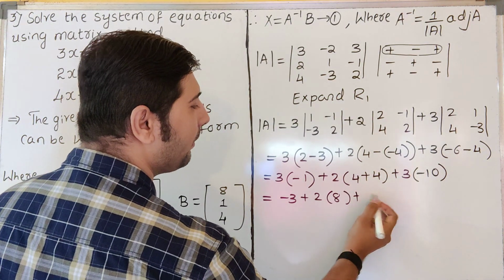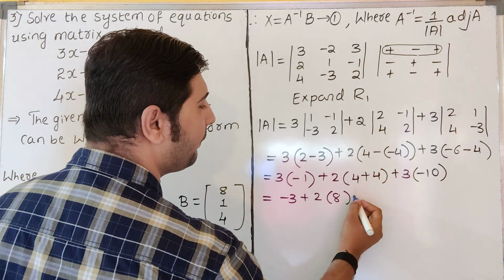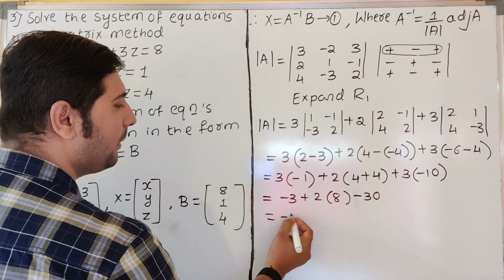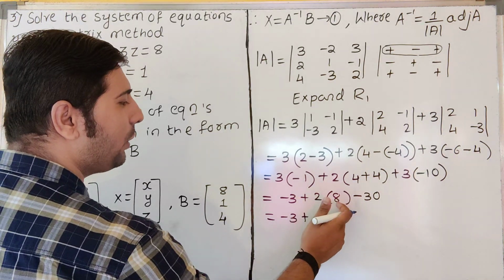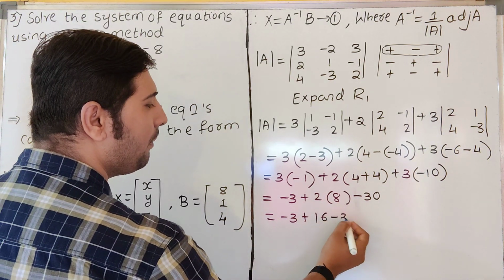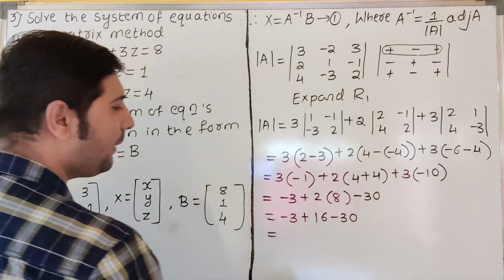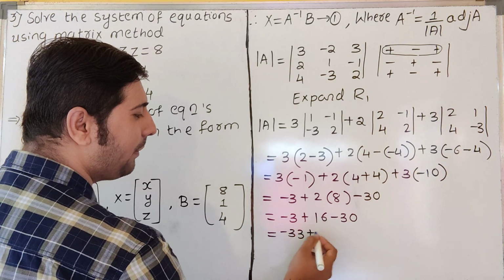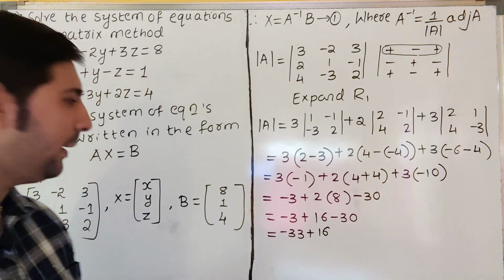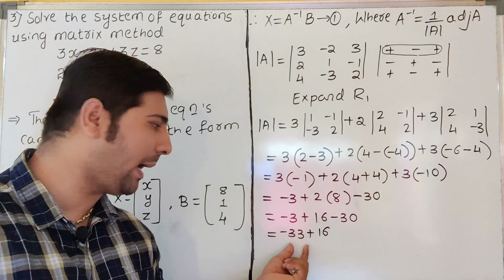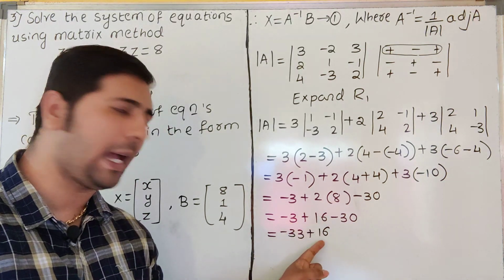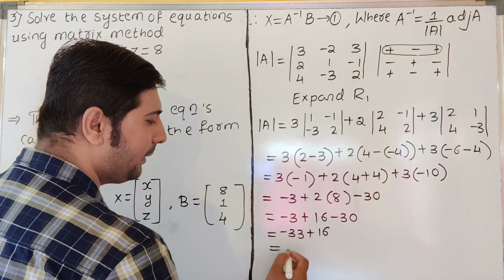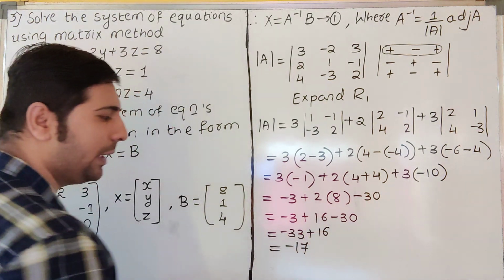Plus into minus is minus, 3 times 10 is minus 30. So minus 3, and 2 into 8 is 16, minus 30. Minus 3 minus 30 is minus 33, plus 16. Will you agree? Minus 33 plus 16 is minus 17, dear students.